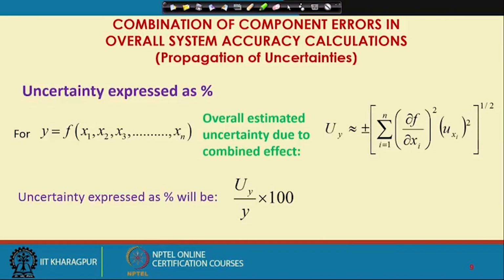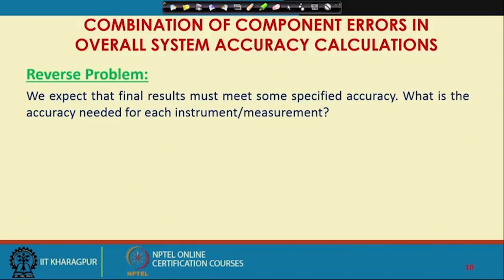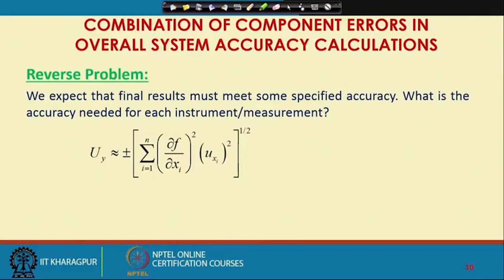So, u y divided by y multiplied by 100. Now, let us look at the reverse problem. We expect that final results must meet some specified accuracy. What is the accuracy needed for each instrument or measurement? So, this is again the most probable uncertainty obtained from root sum square error.